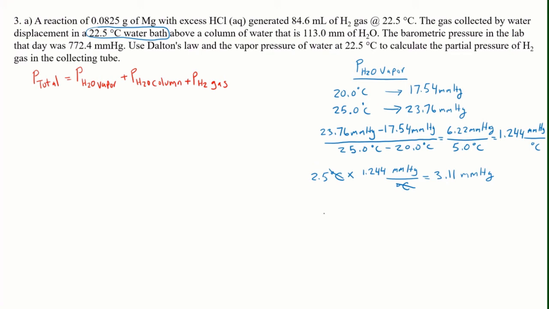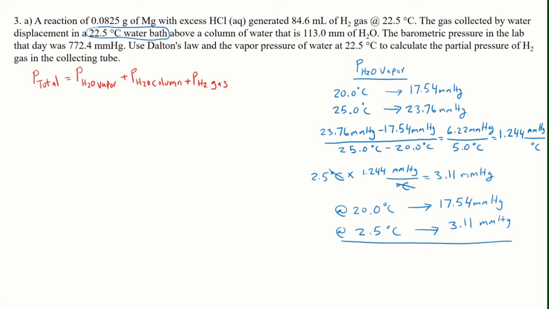Since I already know that at 20 degrees my vapor pressure is 17.54 millimeters of mercury, if I add an additional 2.5 degrees to it, that will increase the pressure by 3.11 millimeters of mercury.